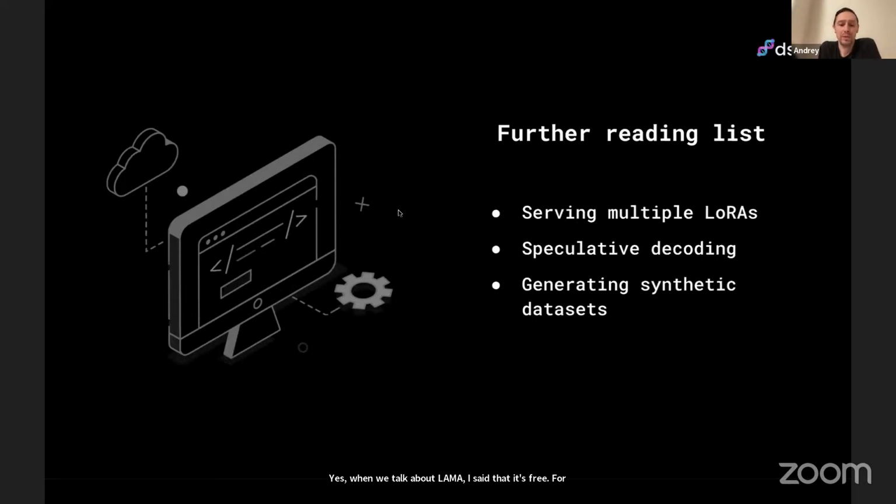However, if you look at the original license, you'll see a clause saying that once you reach a certain number of users and you deploy this model, then you would need Meta's approval or Meta's confirmation that you can use it.